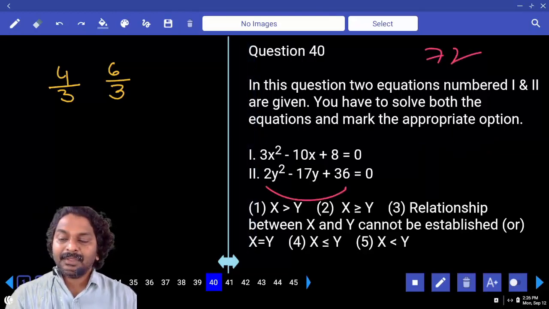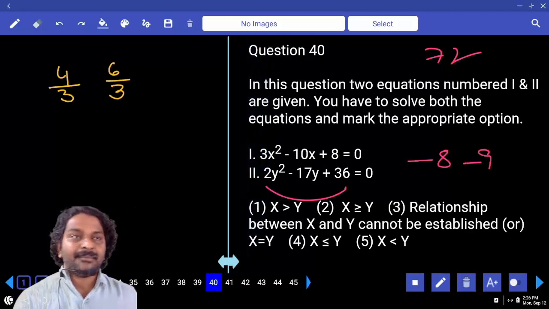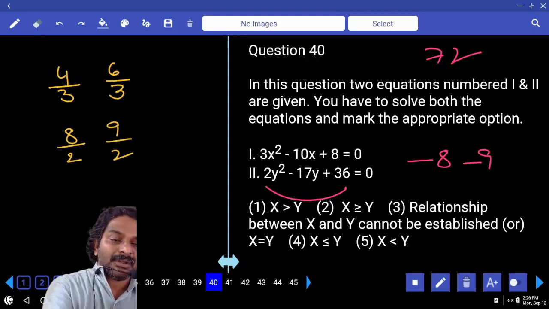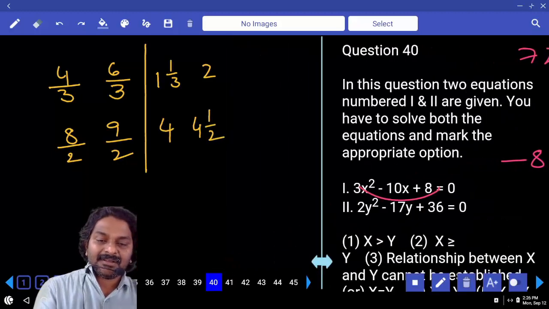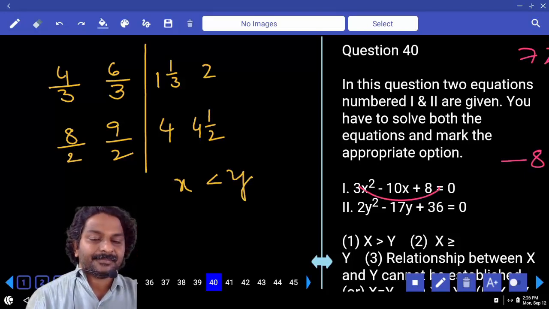Come on. 8 and 9. -8, -9 is the combination. Then factors are +8, +9 divided by 2. How much is this? 1, 1 by 3. 2, 4, 4 and a half. Yes. X is clearly less than y.